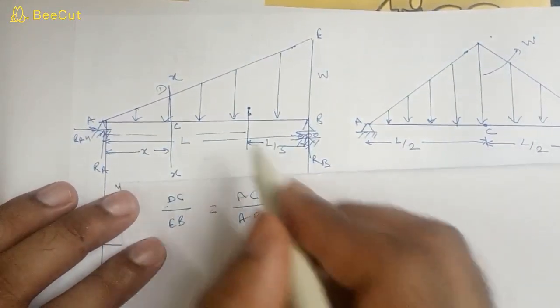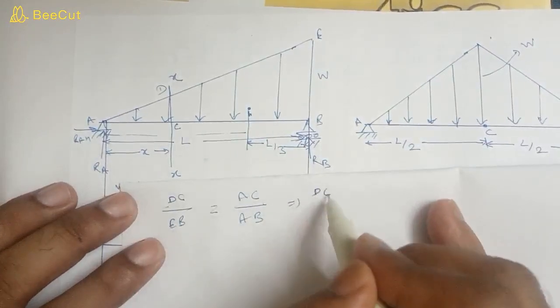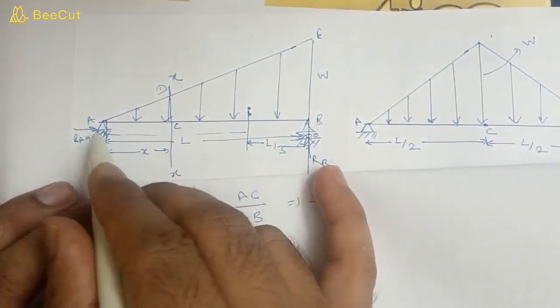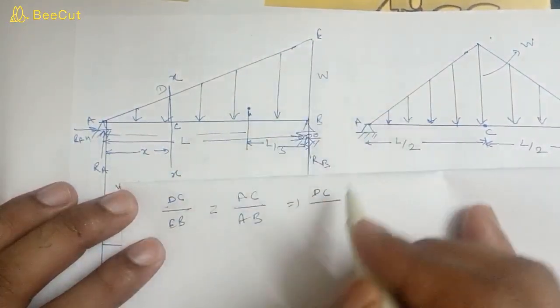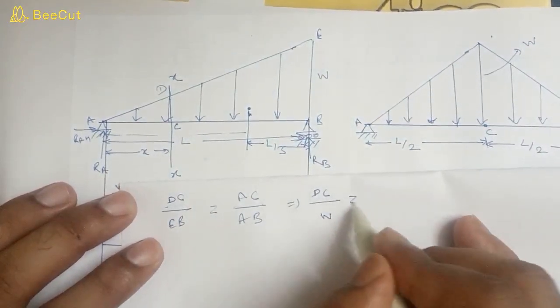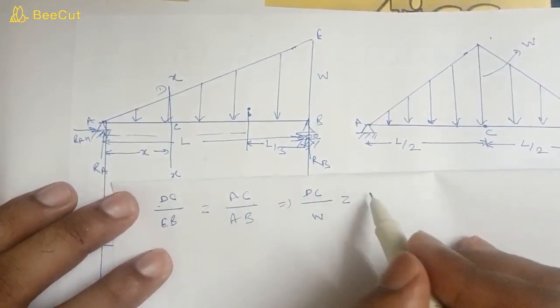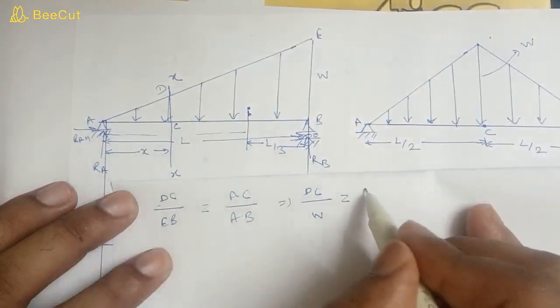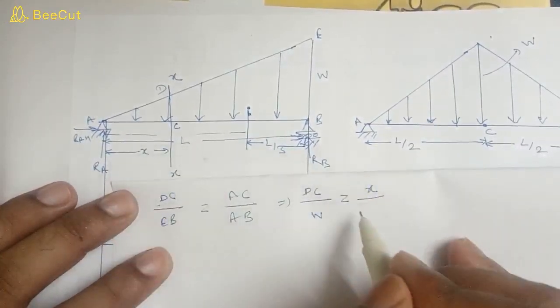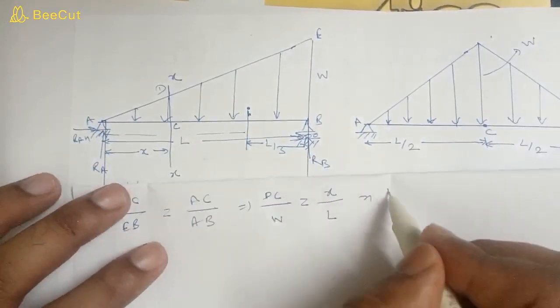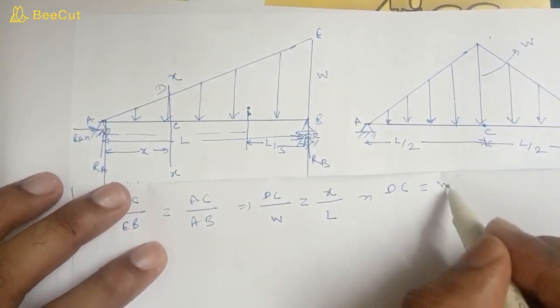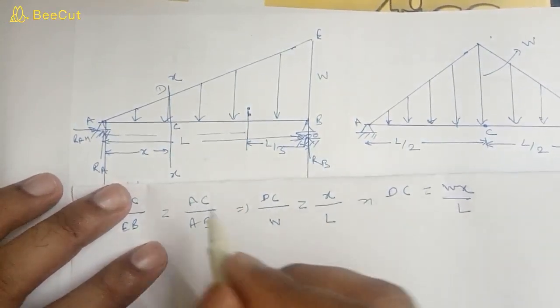DC is DC and EB is W, W is equal to AC, AC is X and AB is L. So we will get DC is equal to WX by L.